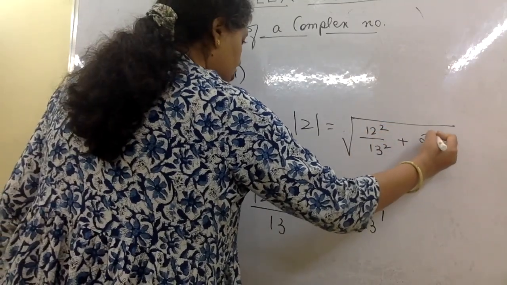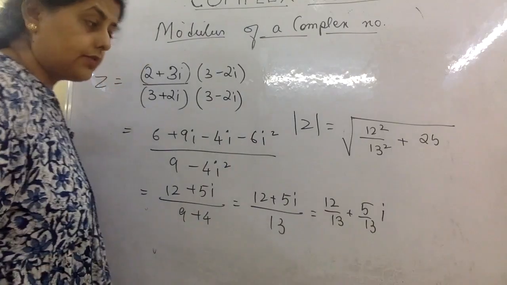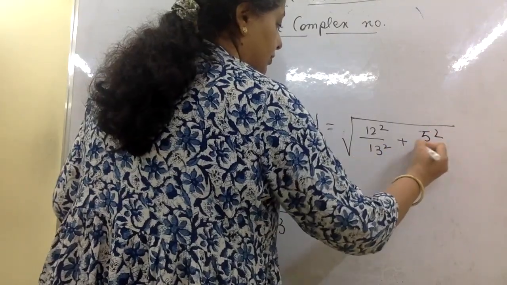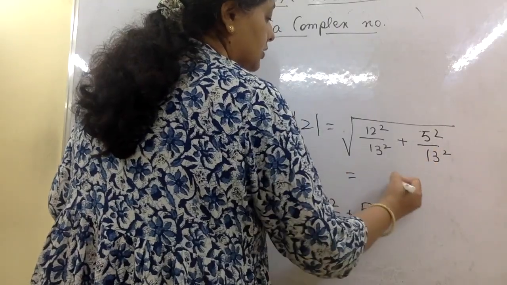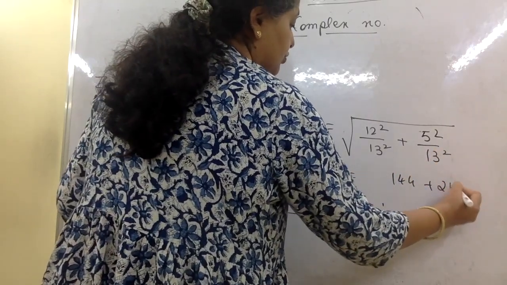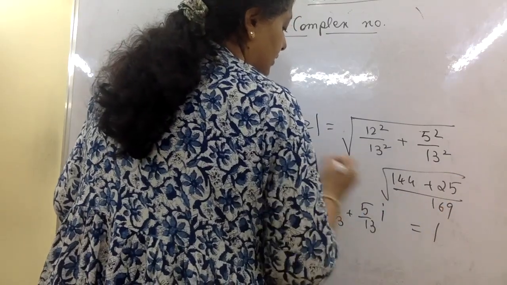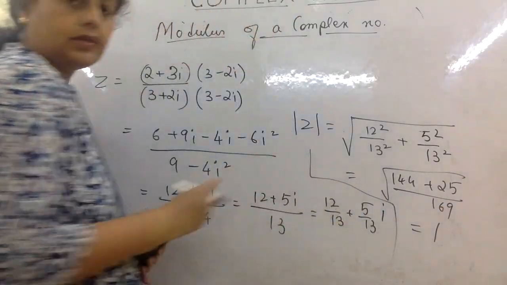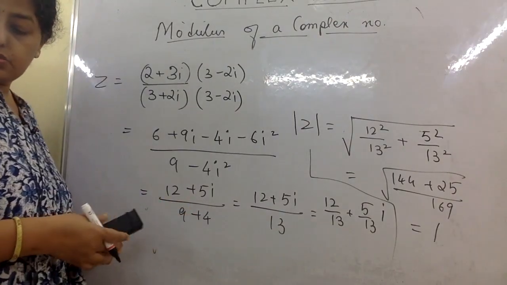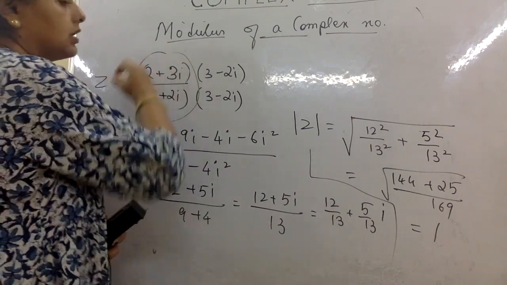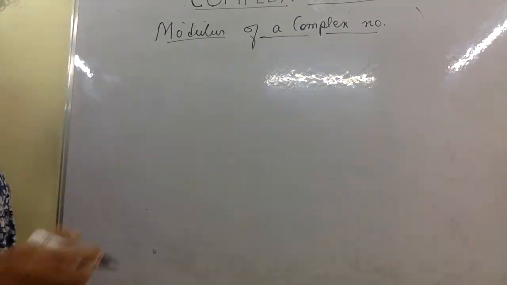Even if it is a fraction, don't worry, you can find it by squaring the a and b. So 5 square by 13 square, which is 144 by 169 plus 25 by 169, which is equal to 1. So this is my modulus. The modulus of this complex number is equal to 1.